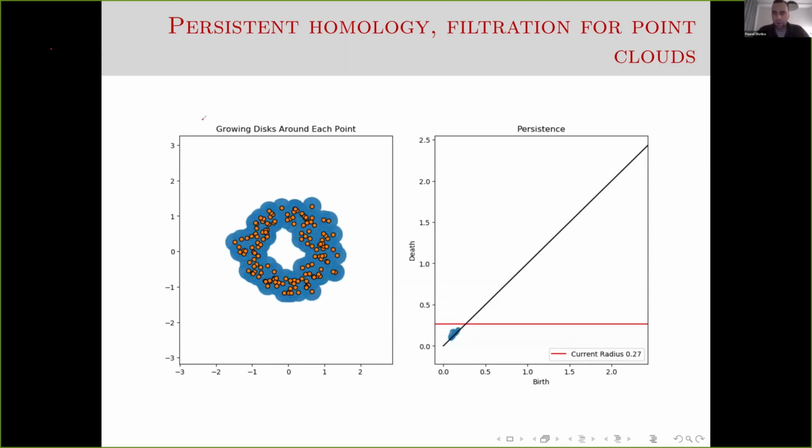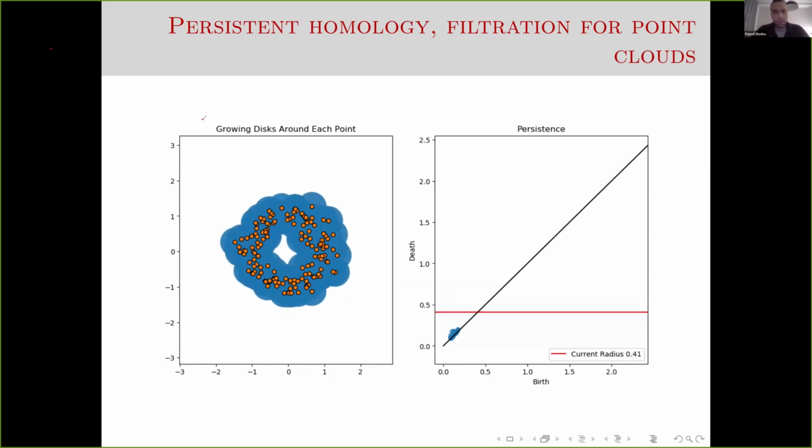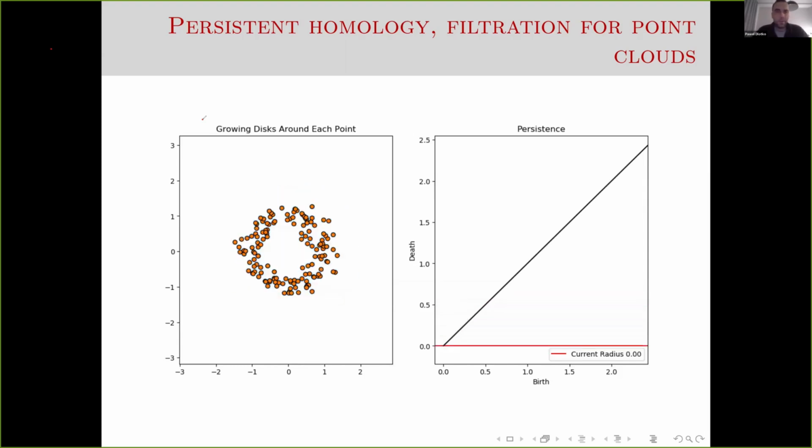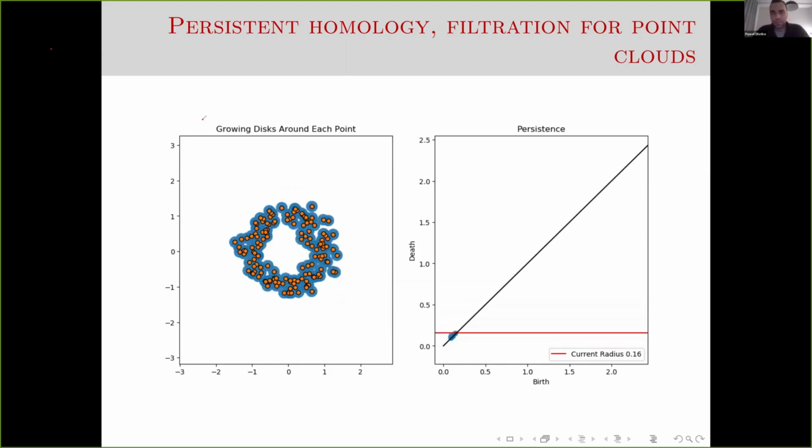And we let r grow from 0 to infinity or maybe to some limit radius. And for every intermediate radius, we are computing homology, and we are tracking the homology generators in different dimensions as they appear and disappear. And that gives us the persistence diagram, which we see on the right-hand side.